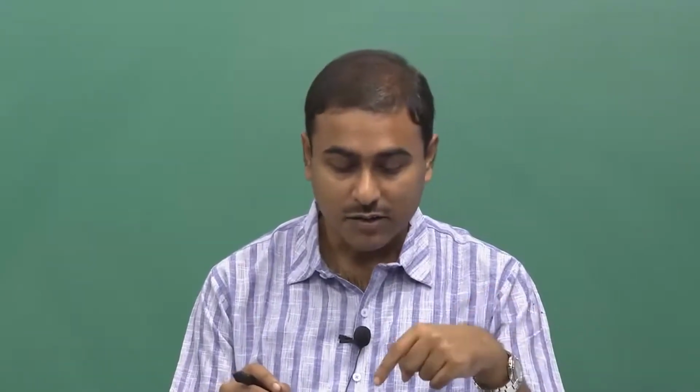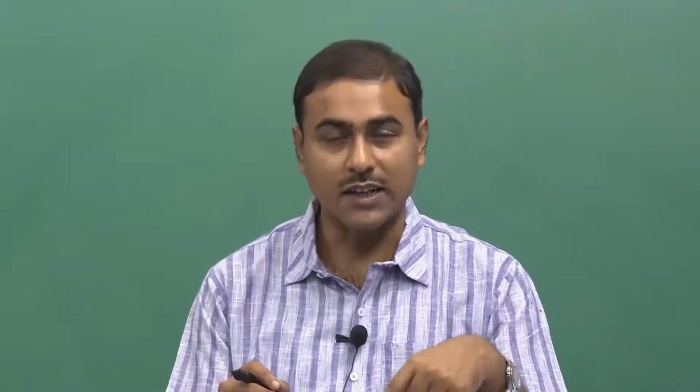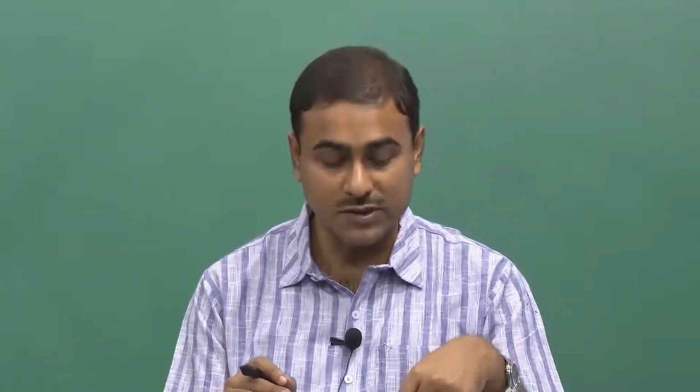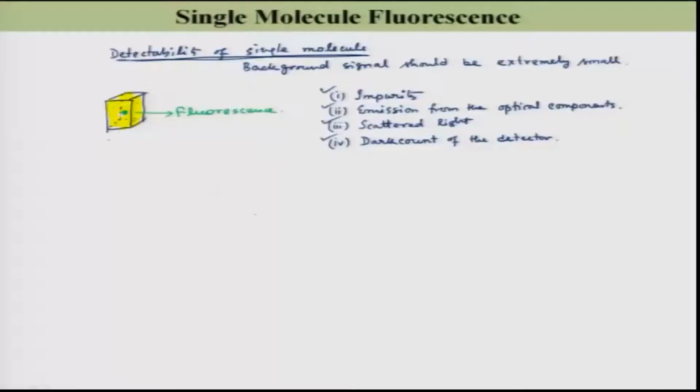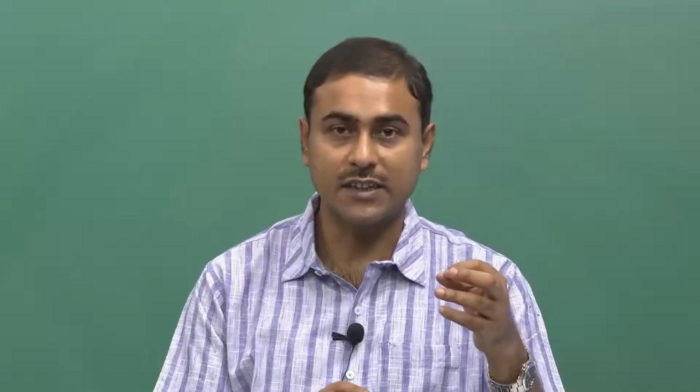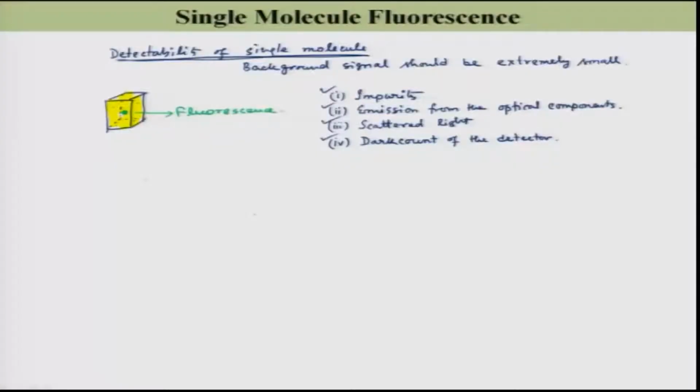And now, if you consider how many solvent molecules are present inside this solvent cell, each having a particular cross section of Raman scattering, if you calculate, then what you are going to see is that the Raman scattering cross section is much. Let me do such a calculation over here.